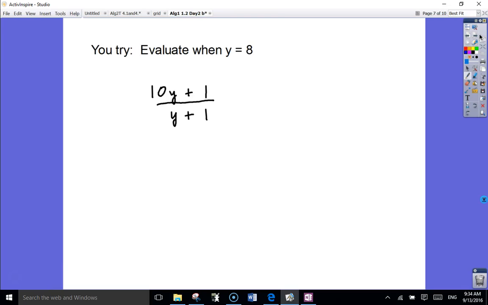That's right. That's good. What is 81 divided by 9?